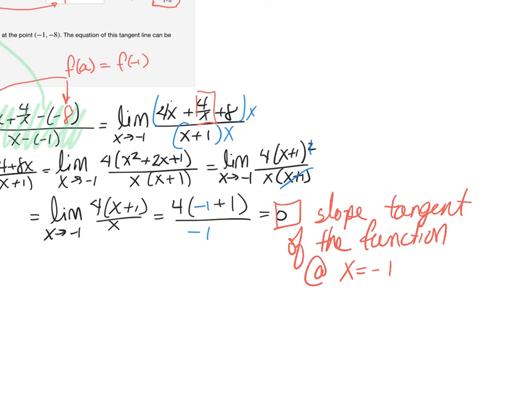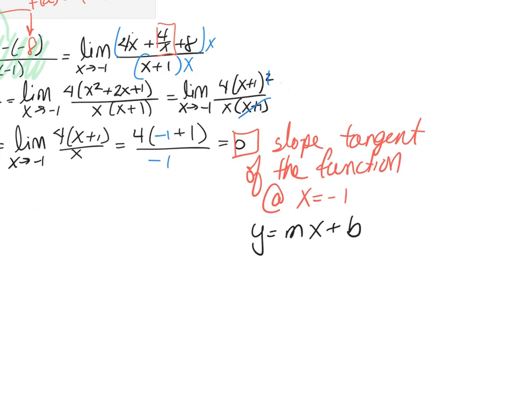So that's the slope. So we know that the equation of a line in slope-intercept form is y equals mx plus b. Well, my m here happens to be 0. So y is equal to 0x plus b.